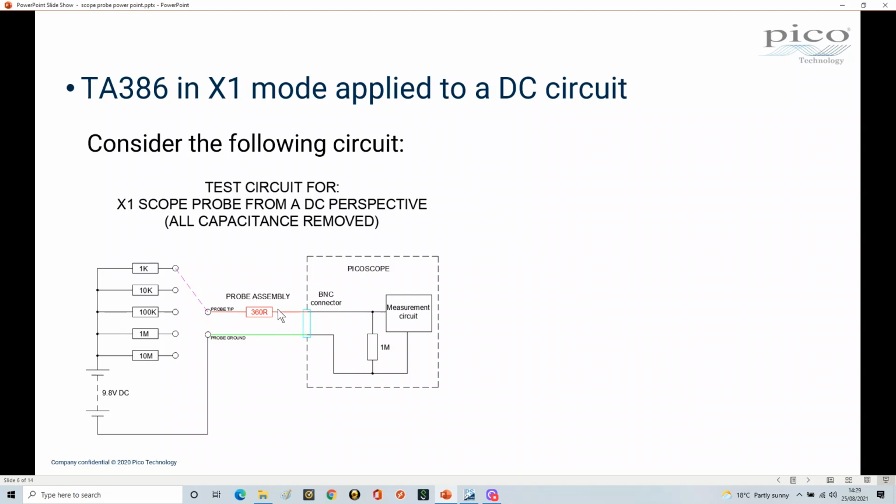This is just an approximation of what's going on, because it's not just a simple wire that goes from the probe tip through to the BNC connector. So there's our 360 ohms, and also inside the PicoScope there is a 1 mega ohm resistor across the input. It's important we understand the impact of all of this on this circuit.